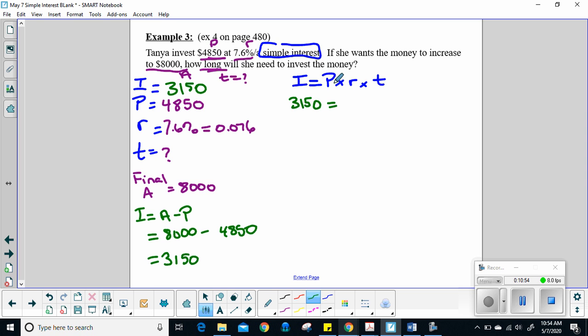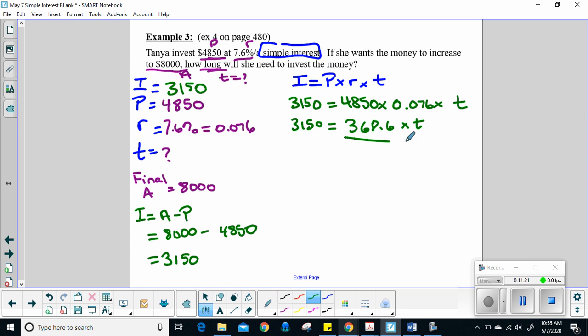3150 equals, principal came out of the question, 4850. My interest rate came out of my question, 0.076. And time, well, that's what I'm looking for. So let's simplify a little bit. So we got 3150 equals 4850 times 0.076 equals 368.6 times time.